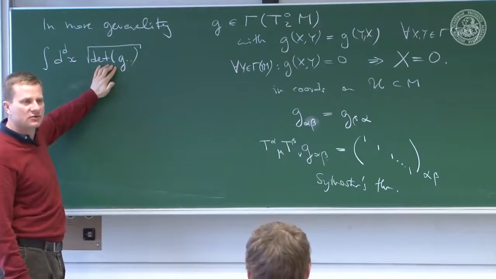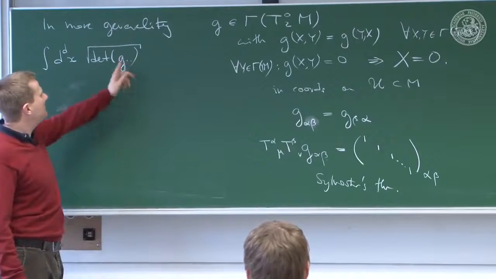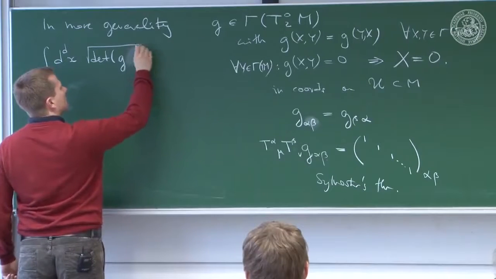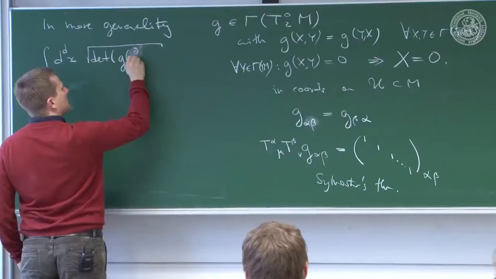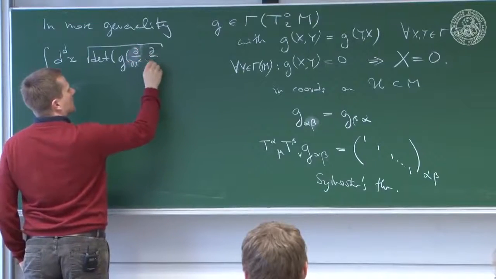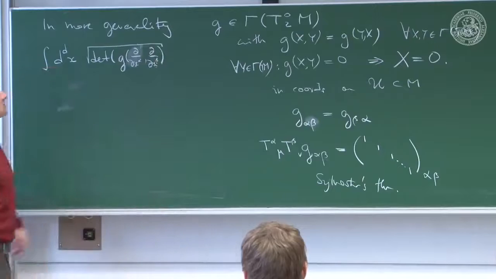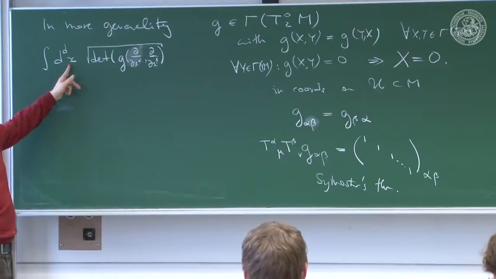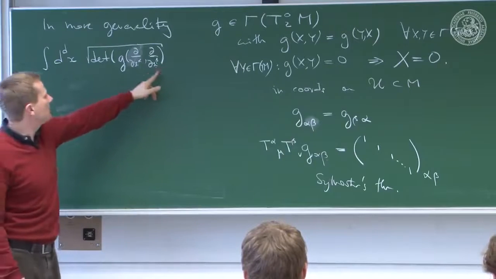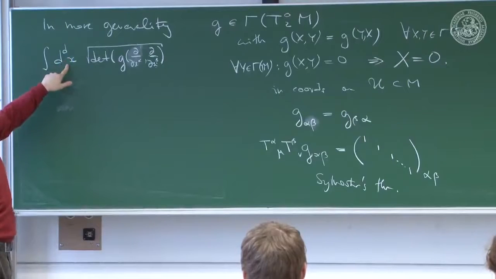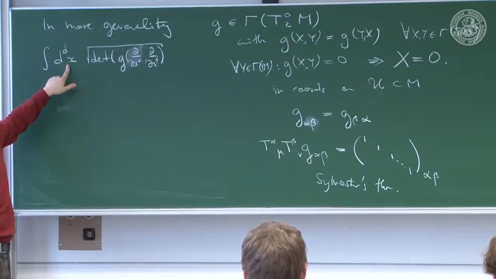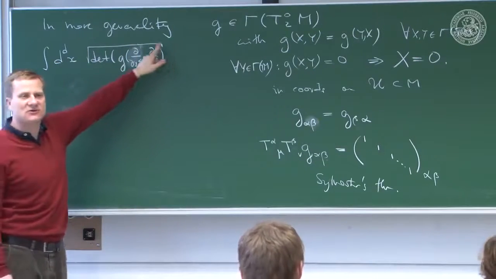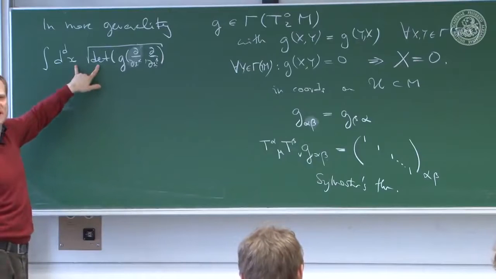It picks up extra terms. However, it picks up precisely those extra terms. So I should make these components explicit. These are the components with respect to a particular coordinate system, and I choose the same coordinates I choose for integration in the chart. Now, if you change coordinates here, you'll pick up a Jacobian factor. But you'll pick up the inverse factor from this expression, and so the Jacobian factors cancel.